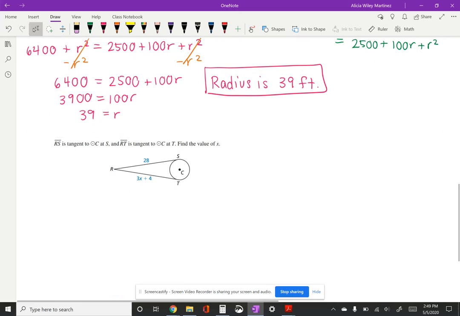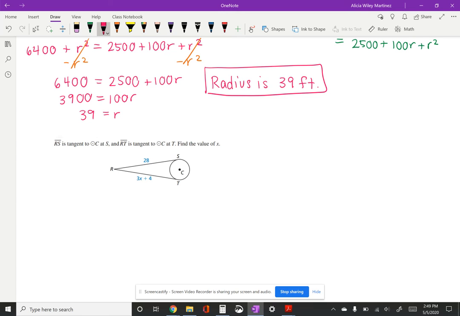It says RS is tangent to circle C. So that's RS. It says that, and we also know RT is tangent to circle C, right? So we know that this is a tangent and we know that this is a tangent. It says find the value of x.